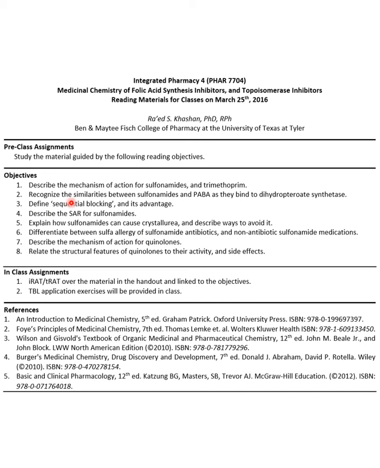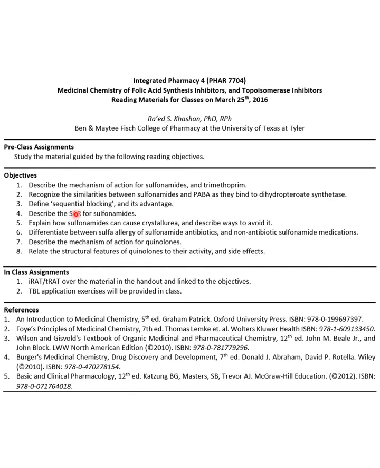The objectives are to describe the mechanism of action of the sulfonamides and trimethoprim, and recognize the similarities between sulfonamides and the substrate they compete with, which is para-aminobenzoic acid, as they both bind to the dihydropteroate synthetase enzyme.